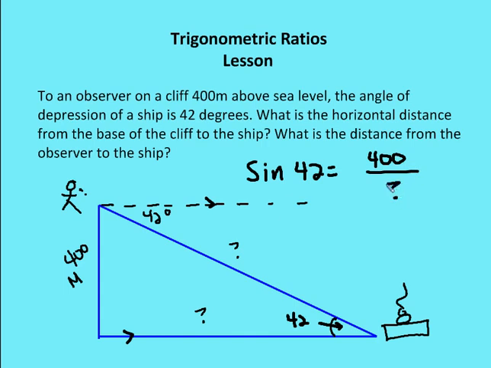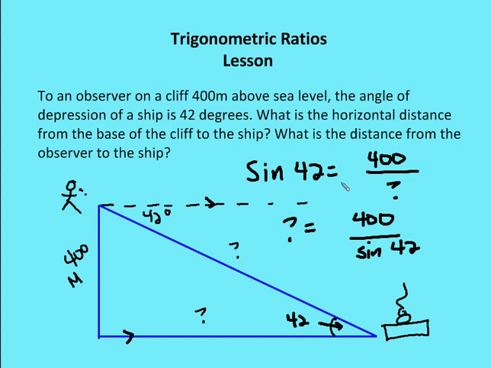So let's rewrite this algebraically. We end up with question mark equal to 400 over the sine of 42. I multiply everything by the question mark, divide both sides by sine of 42, and I'm left with question mark equal to 400 divided by the sine of 42.